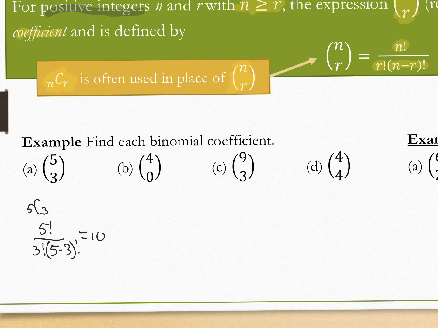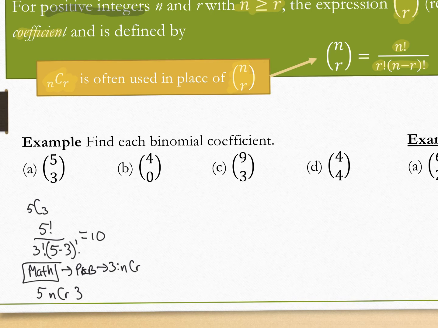Now, if you are using a calculator, push the math button and go over to probability, and select, I believe it's option 3, nCr. So you would type in the 5 first, then type math PRB number 3 for nCr, and then type 3, push enter, and it will give you the 10.